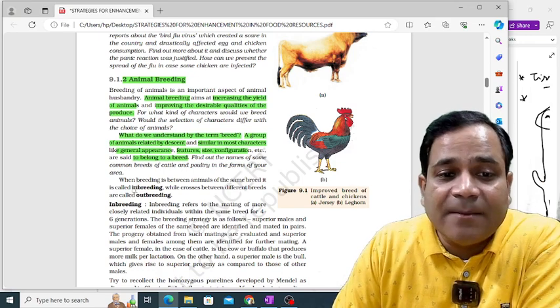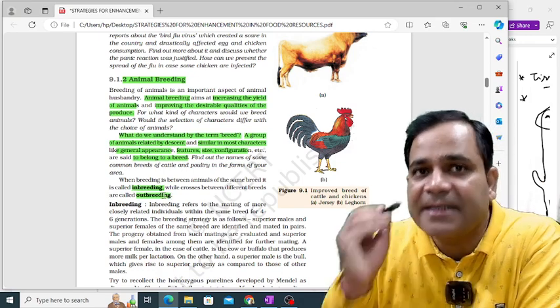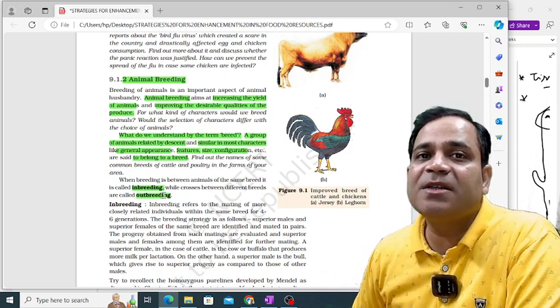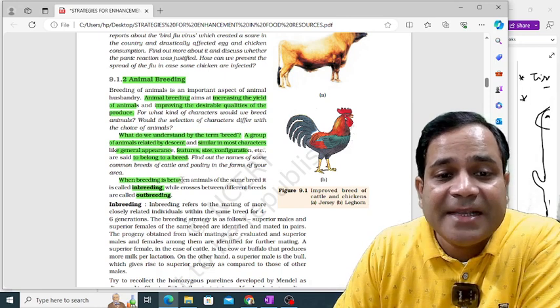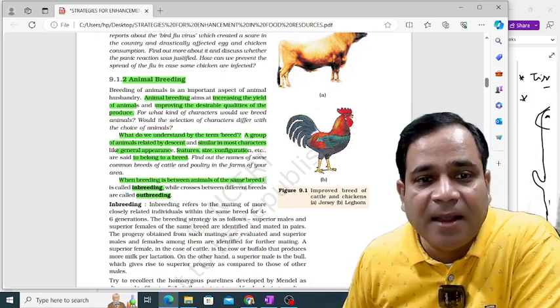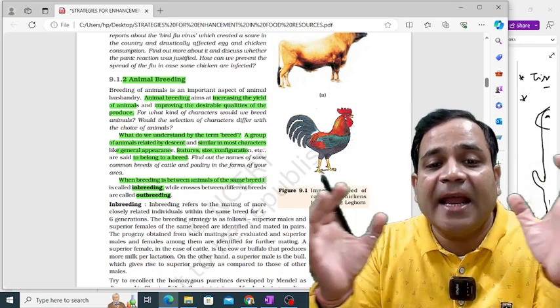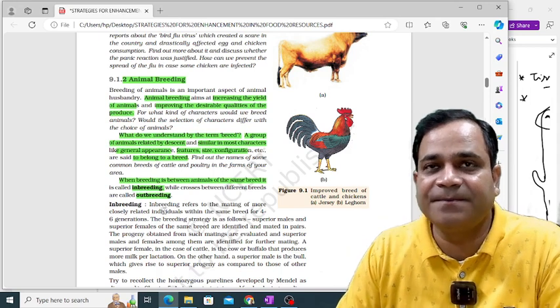Now two important terms are also very important to know. Number one is inbreeding, second is outbreeding. If anybody asks you about inbreeding, you say: when breeding is between animals of the same breed, it is called inbreeding.